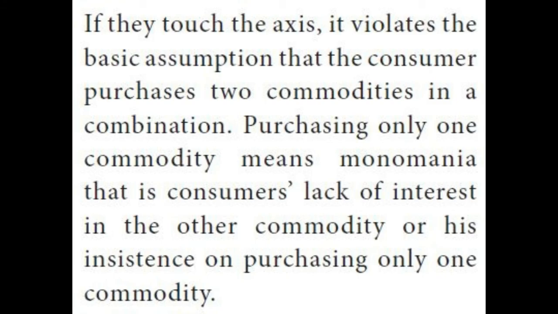Purchasing only one commodity would mean the indifference curve touches the x-axis and y-axis. But an indifference curve shows different combinations of the two commodities giving the same level of satisfaction. So indifference curves do not touch the x-axis and y-axis.